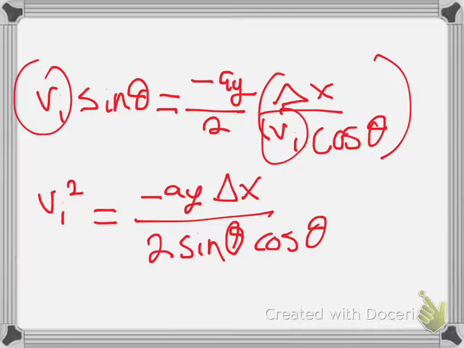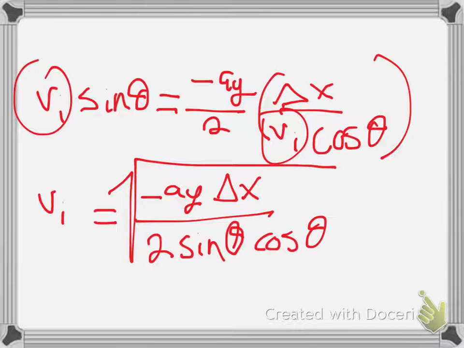Then, to get just initial velocity, we square root this side. And then we can simply substitute all our values in to solve for initial velocity.